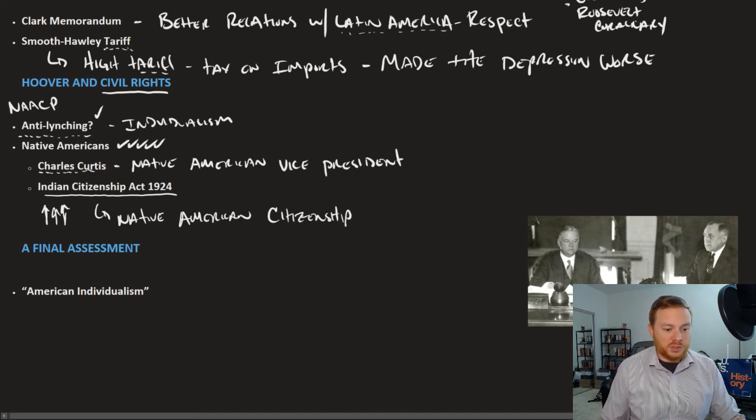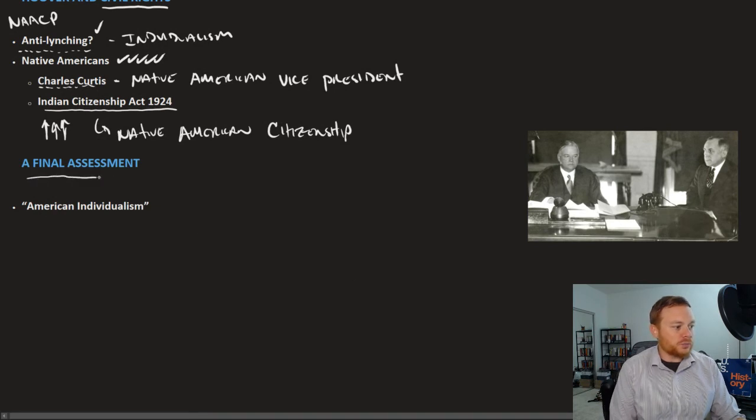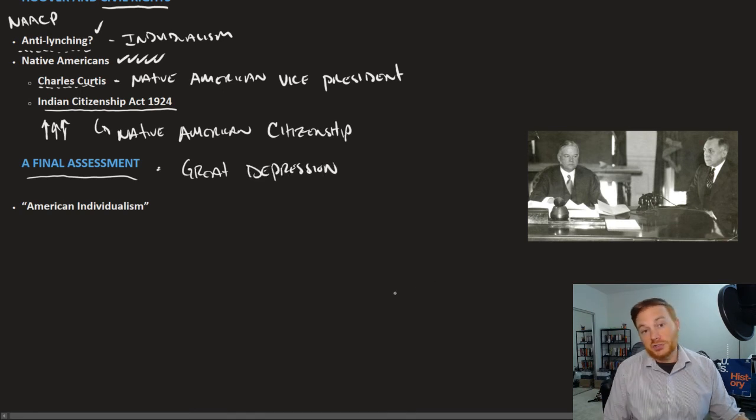However, the final assessment, Hoover is always going to be equated with the Great Depression. And when push comes to shove, even though Hoover did try and do some things like the Reconstruction Finance Corporation, like encouraging volunteerism, the bottom line is that the United States went into the deepest and worst economic depression under his watch.